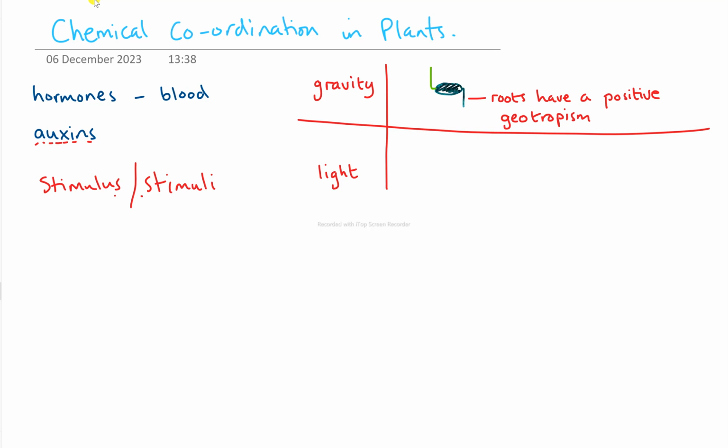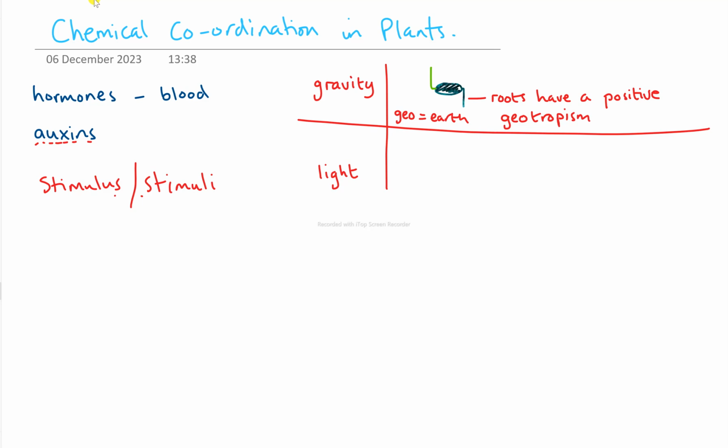Because the roots are going down towards the gravity, they have a positive geotropism. Most of them just generally go all over the place, but some in particular go down. But generally roots have a positive geotropism, and geo just means earth. So geo means earth. It doesn't mean geo as in stay alive.